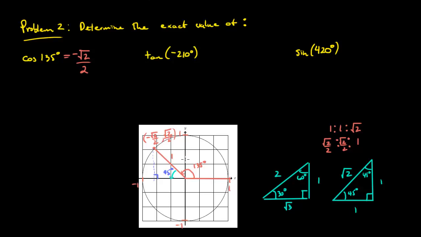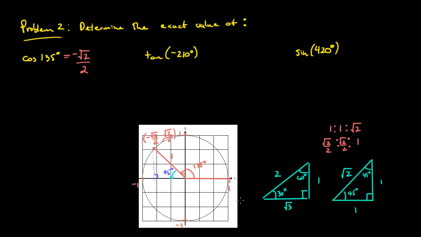Now, the question is, do we need to draw this out every single time we want to figure out what the cosine of an angle is? And the quick answer is no, we don't. We only have to think about what quadrant the angle is in.